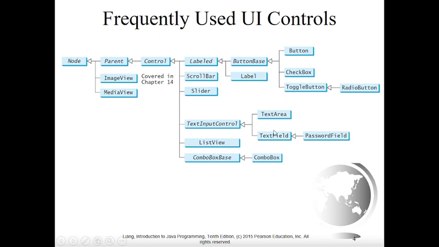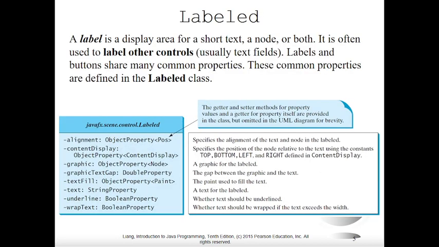In the next lecture we will discuss the others. Here also we have this Node class, which is the parent class, and these are the child classes. If you want to design a button, you use this one. If you want to design a text, you use this one.